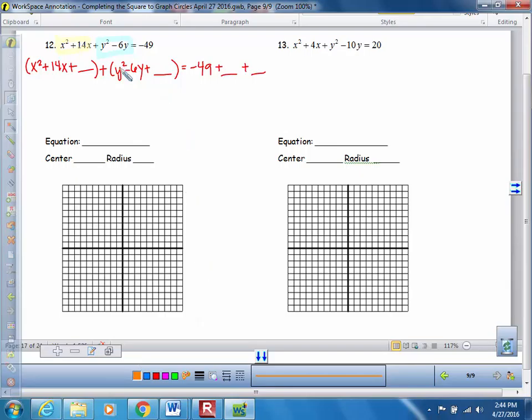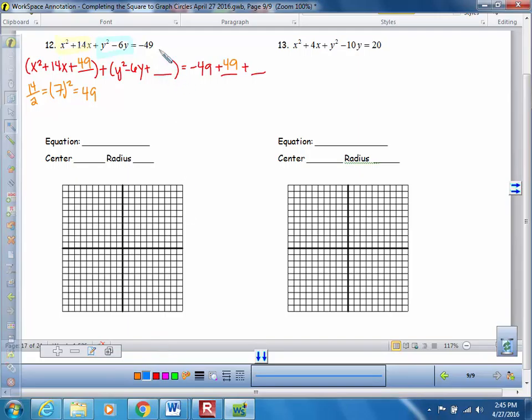Okay, so to fill in this first blank, to complete the first square, we're going to take b, which is 14. We divide that by 2, and that gives me 7. I'm going to take 7 and square it, which is going to give me 49. So I'm putting 49 right here with my x's, but I also have to put it on the right-hand side of the equal sign.